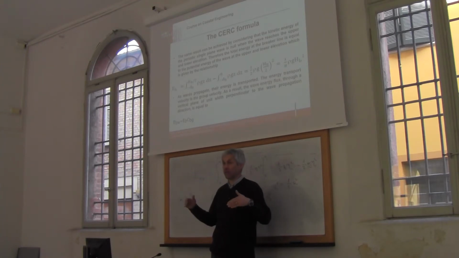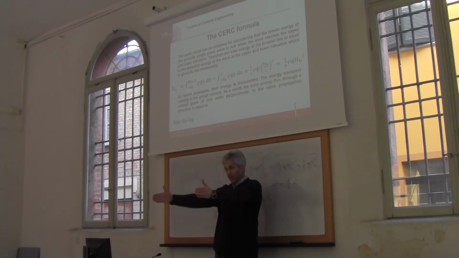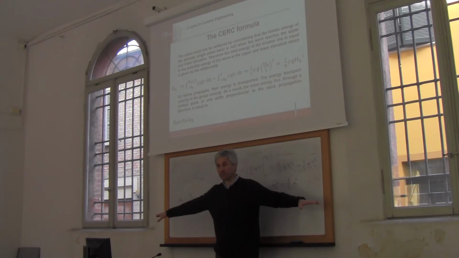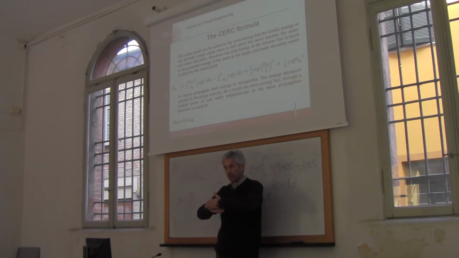We're talking about a plane wave, and therefore it's the line where the wave breaks. It breaks at the same time along the transversal direction. So if the wave is moving like that, the fact that it's a plane wave means that it cannot break in that position before that position. It's a breaker line. Okay, so I'm standing over the wave at the breaker line.